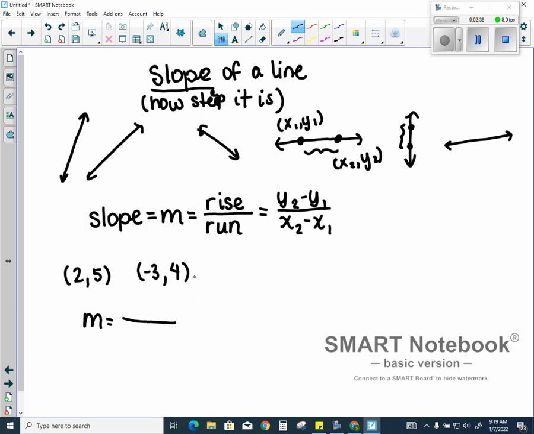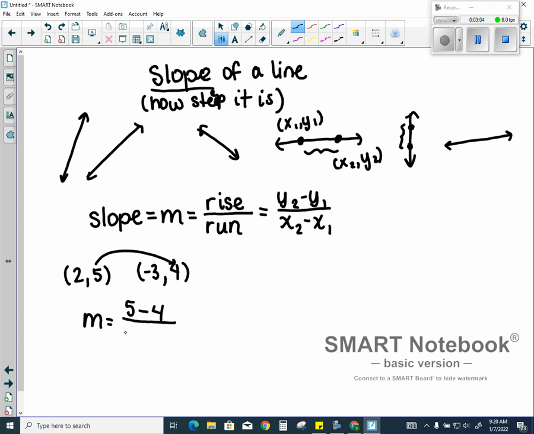Now, it doesn't matter which one of these we think of as x1, y1, and which one of them we call x2, y2. We just have to be consistent when we do the arithmetic from top to bottom. So on the top, if I want to find my rise, I know I subtract the y's. And so maybe I chose to take 5 minus 4.